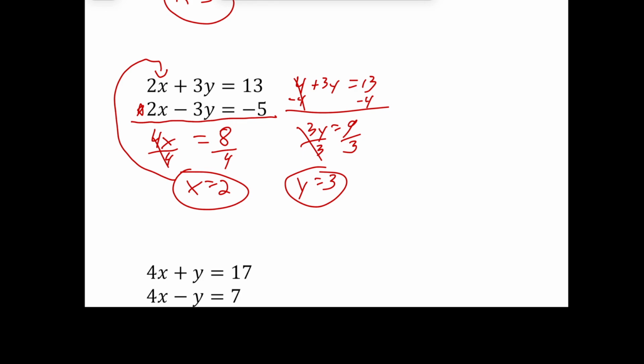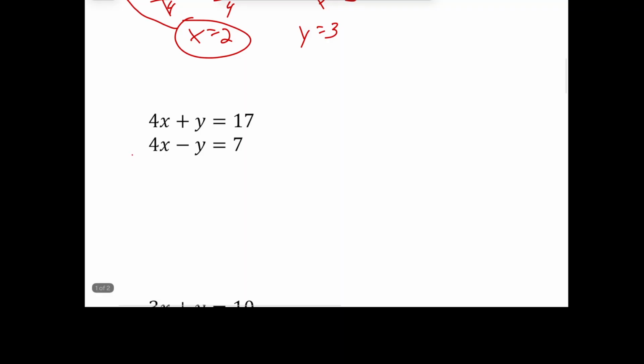Looks like we're good. What's going to eliminate here? It's not going to be the 4's because the signs aren't opposite. It's the y's. They're the signs that are opposite. So I'm going to add it together. 4x plus 4x is 8x. Positive y plus negative y is gone, equals 24. I'm going to divide each side by 8, and I'm going to get x equals 3.